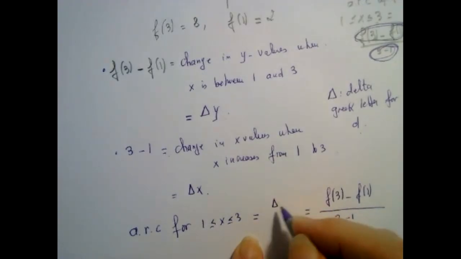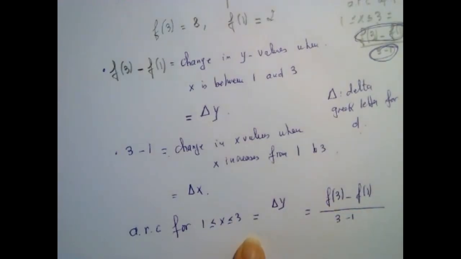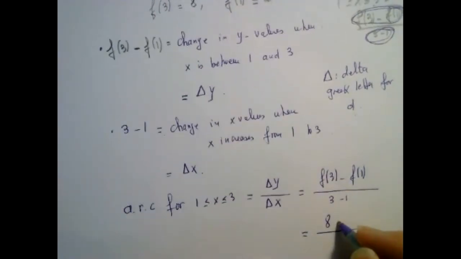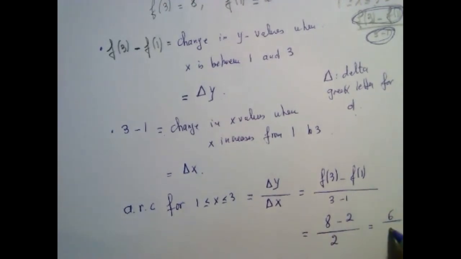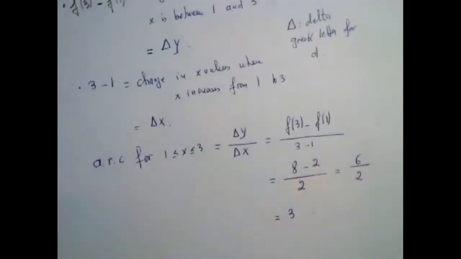So we can rewrite it as how much your y value changed over how much your x value changed. So now in numbers, f of 3 is 8, f of 1 is 2. This is how much your y value changed. 3 minus 1 is 2. That's how much your x value changed. So the average rate is 3. That's my average rate in this picture.